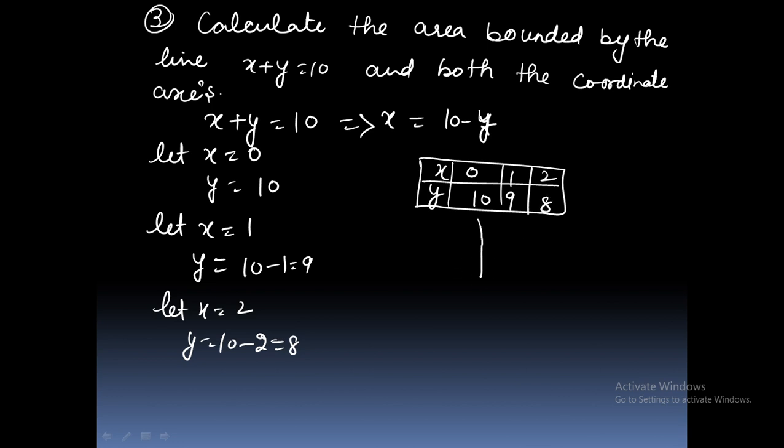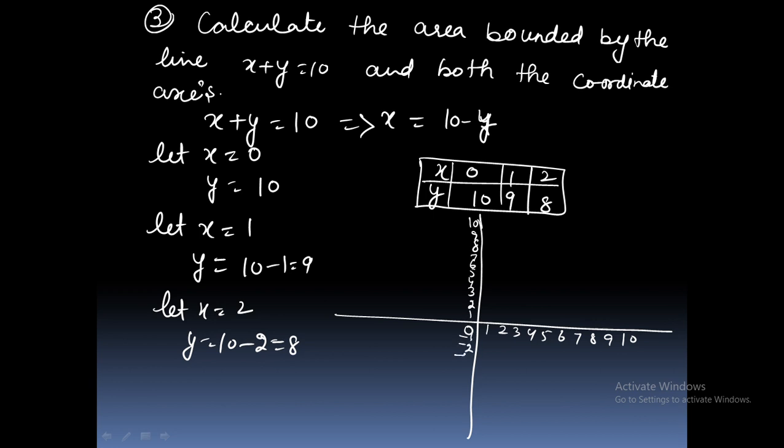You can draw the axes like this: 0, 1, 2, 3, 4, 5, 6, 7, 8, 9, 10, and on the other side minus 1, minus 2, up to minus 10.